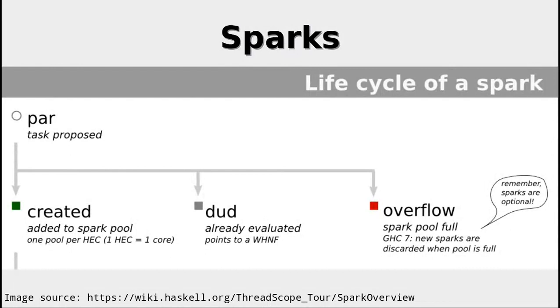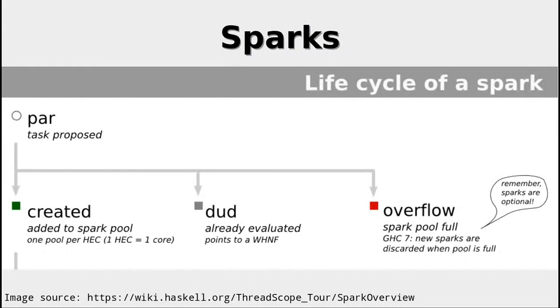Now, if everything goes according to plan, we simply create that task as a spark. This spark will then be put into a spark pool of an HEC, which is a Haskell execution context. Now, that's something very abstract, but you can think of it as one HEC equals one core on your machine.